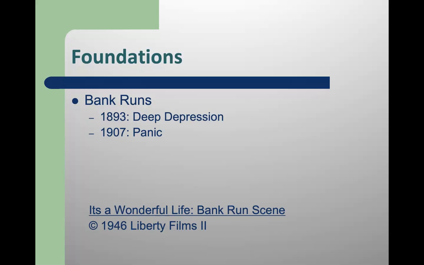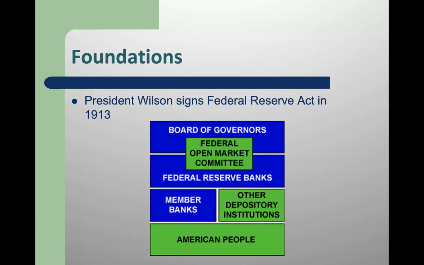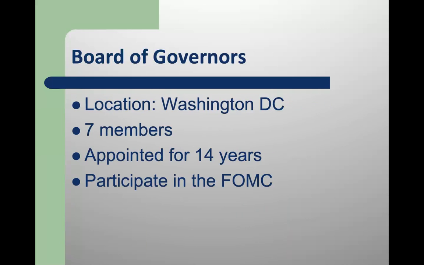So if you do banking at one of the member banks, they just call the FDIC, up to 250,000 of your deposits are insured by the government, even if your bank goes under. So $250,000, that seems to be a pretty reasonable maximum amount to store in the bank. If you have more than that to store, you're probably investing it in other areas. So President Wilson signed the Federal Reserve Act in 1913, creating this system.